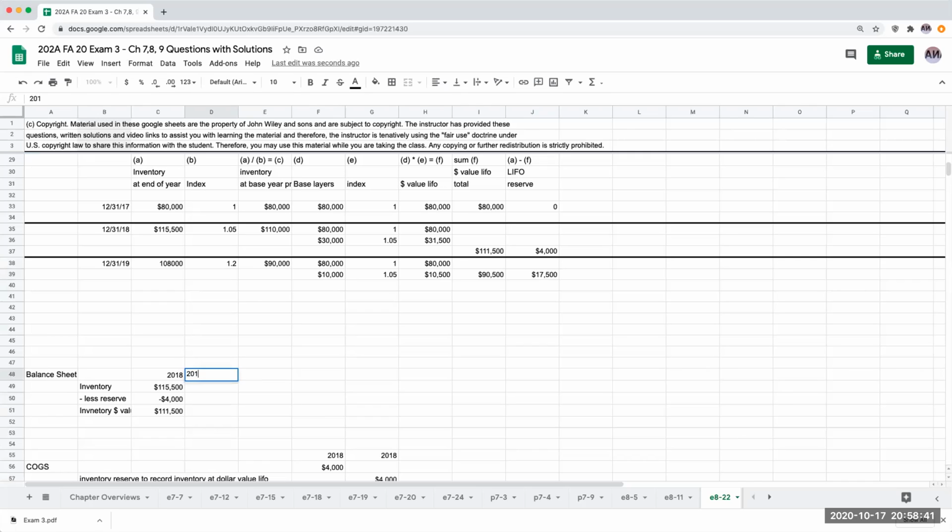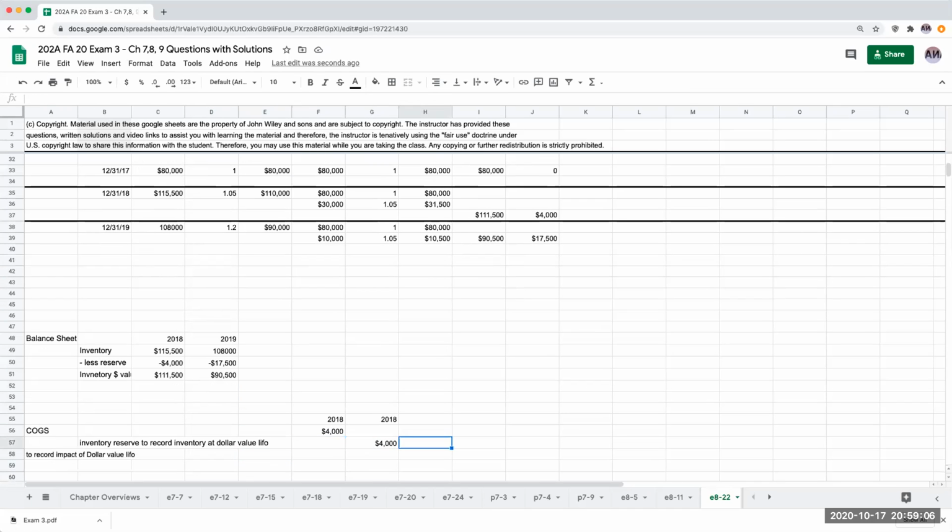So when I go over to 2019, my inventory is now 108,000, my reserve is now 17,500, and my inventory at dollar value LIFO is 90,500.